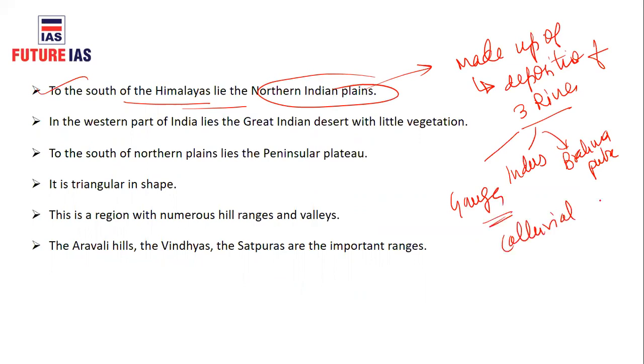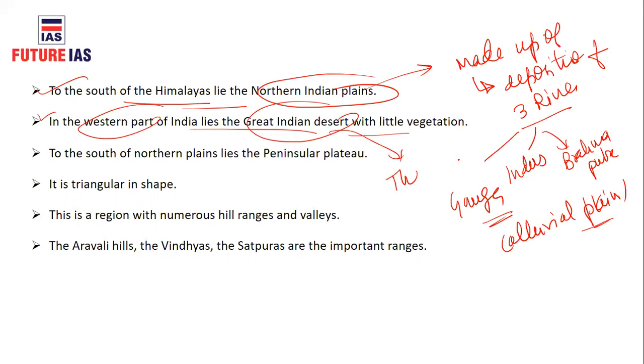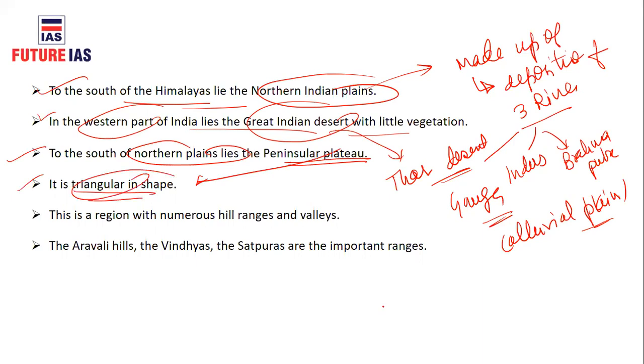All right, so they are alluvial deposits or alluvial plains. To the western part of India lies the Great Indian Desert, which is also known as the Thar Desert. All right, to the south of the northern plains lies the Peninsular Plateau. This Peninsular Plateau is triangular in shape, because if you see the country, it looks like this in the peninsular region itself.